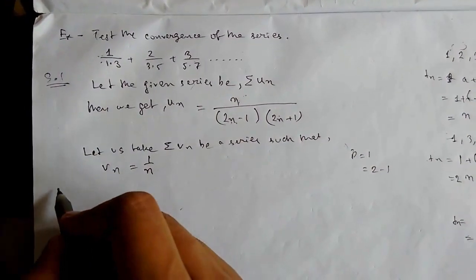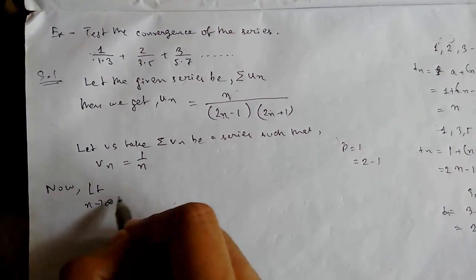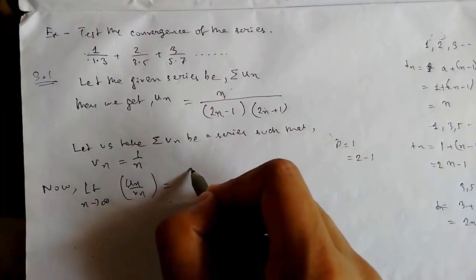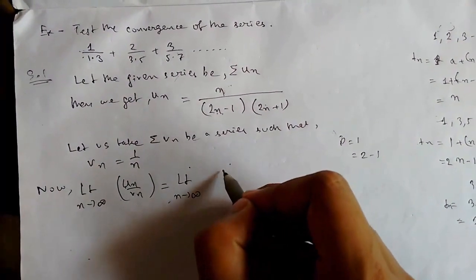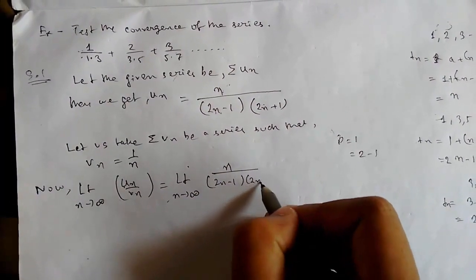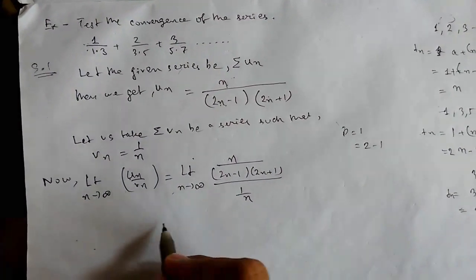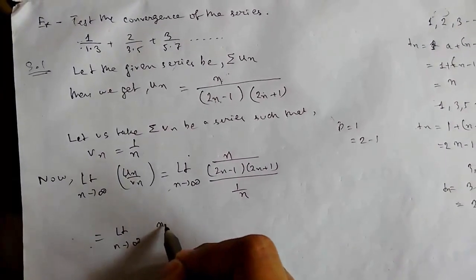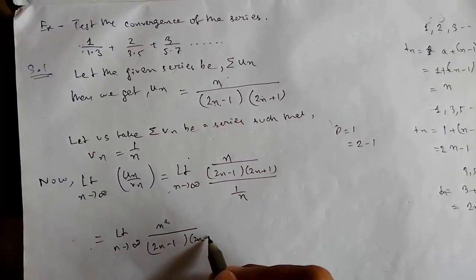Now using the limit test, we calculate limit n tending to infinity of u of n upon v of n. This will be limit n tending to infinity of n upon (2n minus 1)(2n plus 1), whole upon 1 by n. So we calculate limit n tending to infinity of n square upon (2n minus 1)(2n plus 1).